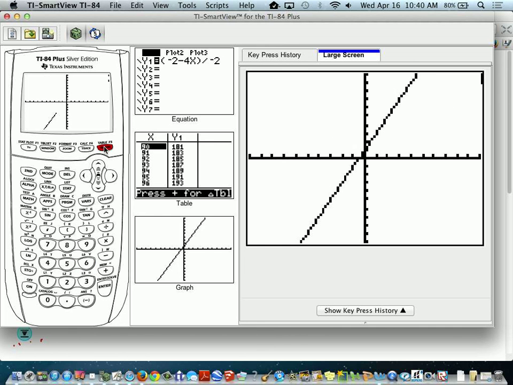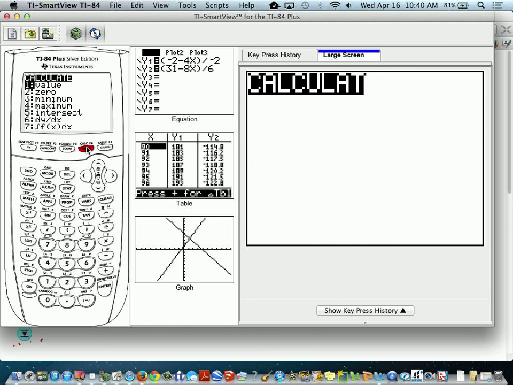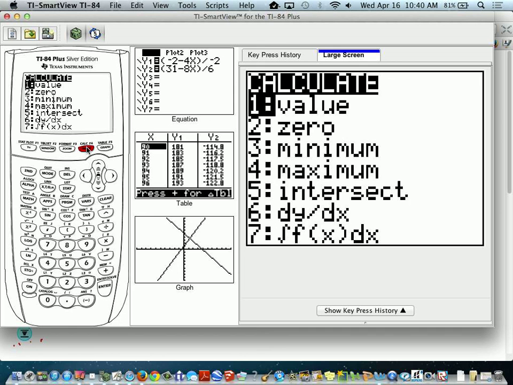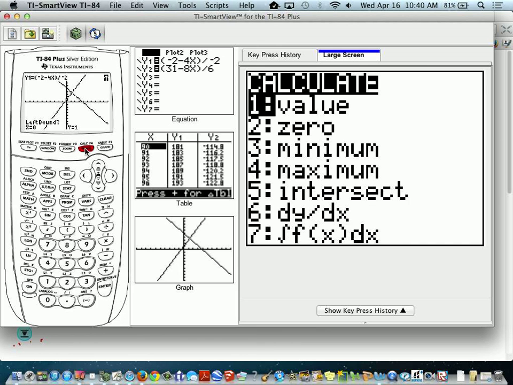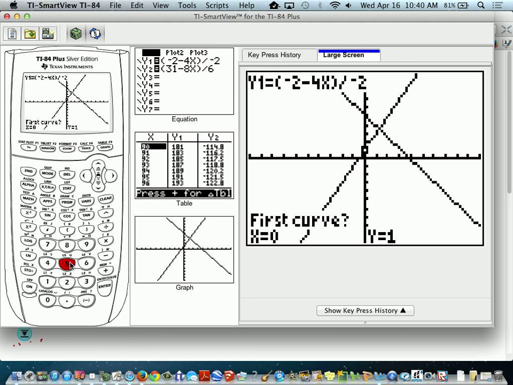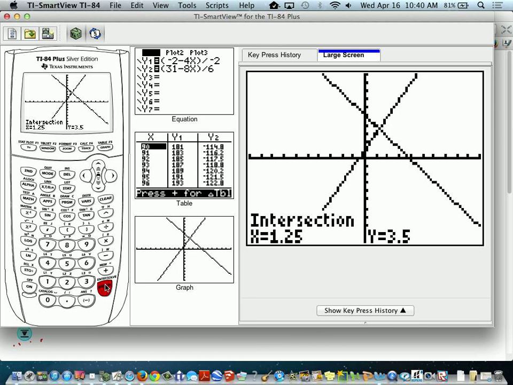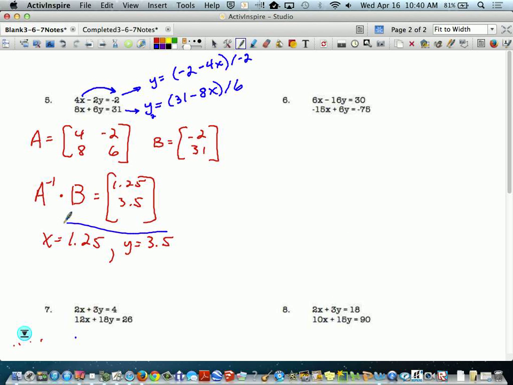And if you look at a graph, that's the graph, and then you go second trace, which is to calculate, and the intersection is number 5. Then it's sitting there saying, what's your first curve, what's your second curve, and guess. Well, you only have 2 equations on there, so you can just hit enter, enter, enter, and you get 1.25, comma 3.5. Which is the same thing we got right there.